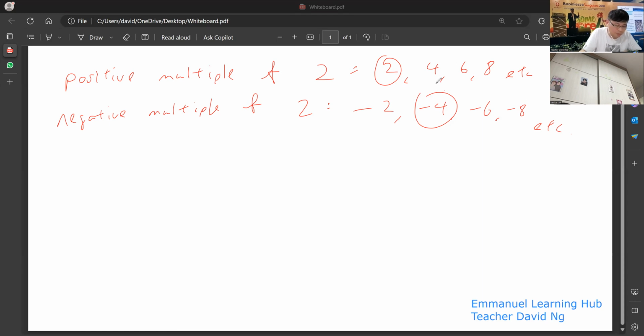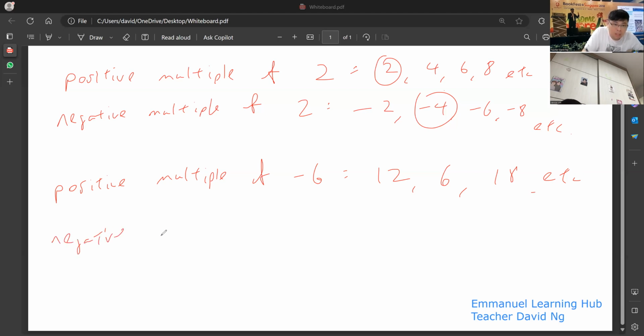Yeah. Okay, let's say -6. Positive multiples of negative 6 will be 12, 6, 18, etc. So negative multiple of negative 6 would be negative 6 itself.